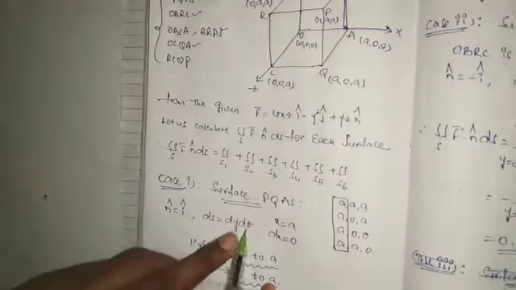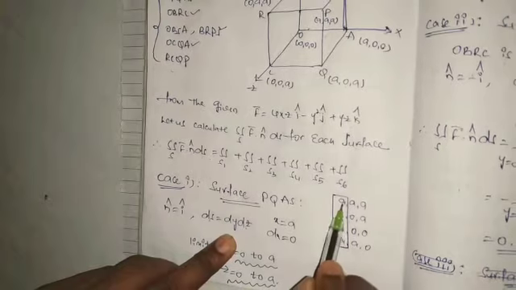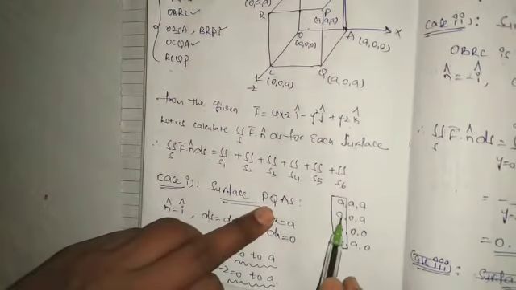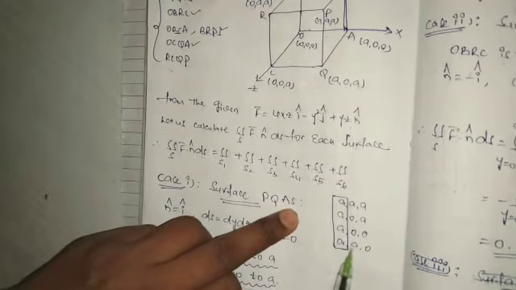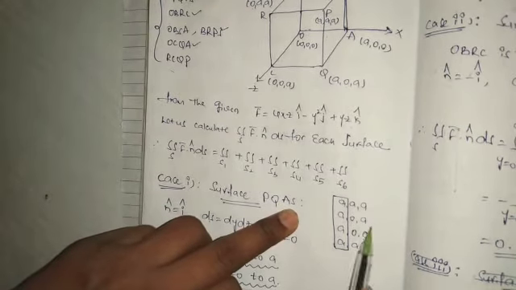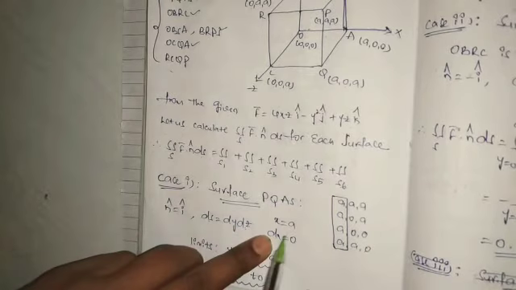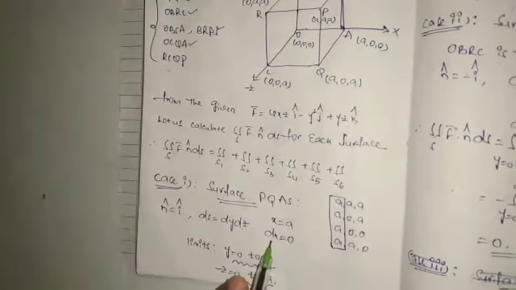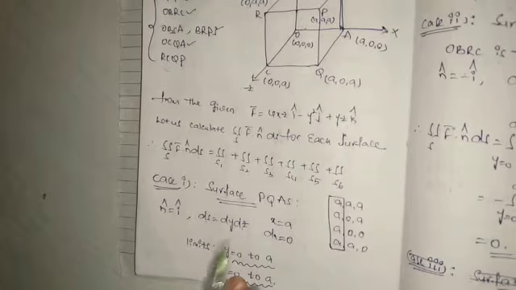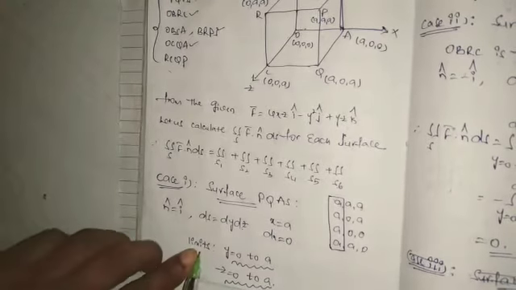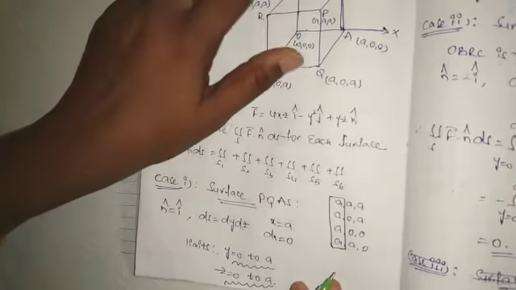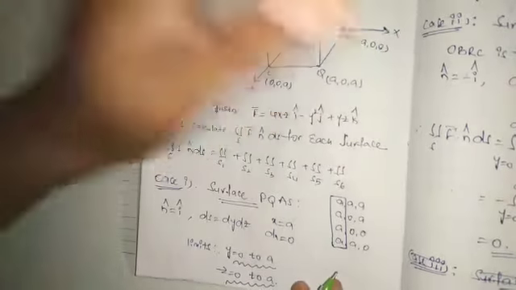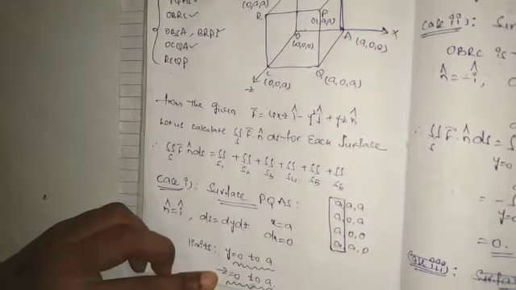On PQAS, the four points P, Q, A, S have the common value x equals a, and differentiating gives dx equals 0. Now substitute and go to the limits: y limits 0 to a, z limits 0 to a. Substitute all these in the given integral.